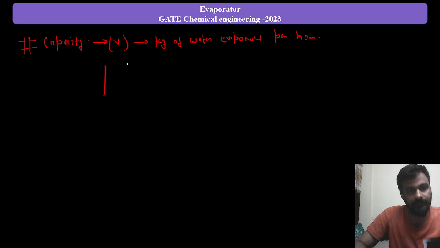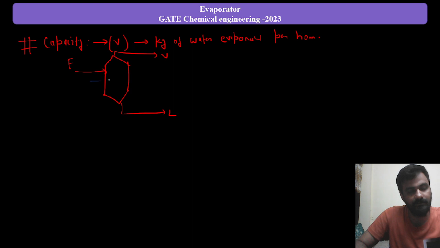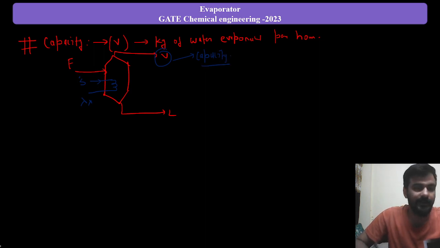So generally in a single effect evaporator, we supply feed. Here the vapor is coming out as V and here it will be L, and for the basic material balance, the steam will be going with a flow rate S and here it is lambda S. So here V is our capacity, right? So this was the capacity of the evaporator.